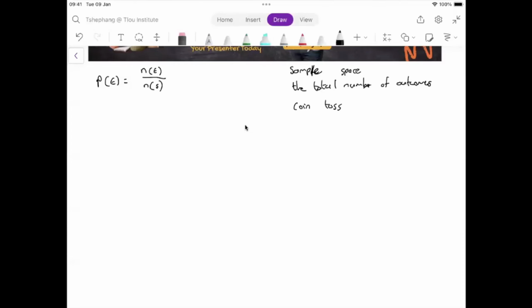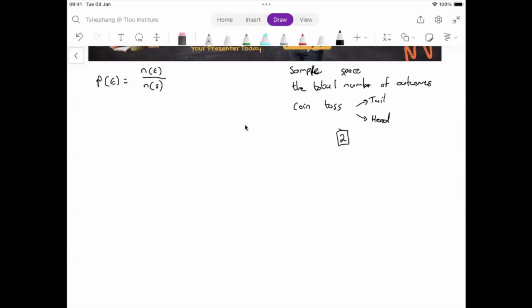How many options or how many outcomes can we observe when we toss a coin? We either have a tails or heads. Now it means that for this coin toss, our sample space would be 2 outcomes. We cannot have anything more than 2 outcomes.